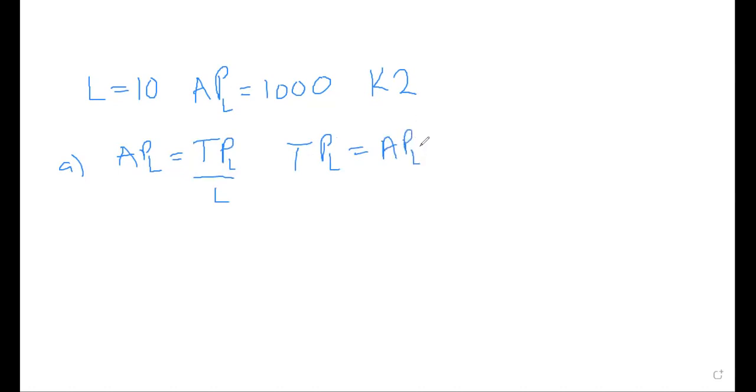So the average for the 10 laborers has been given as 1,000. For how many laborers? For 10. So how much are they producing in total? They're producing 10,000 units. This is for all these 10 laborers.